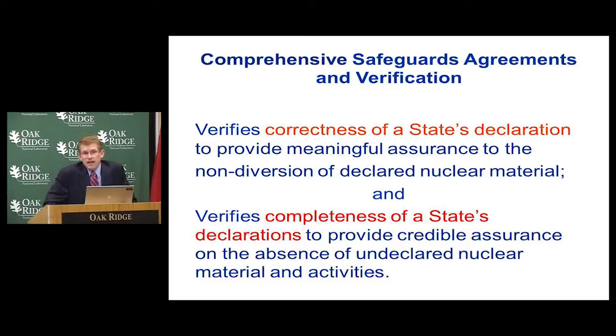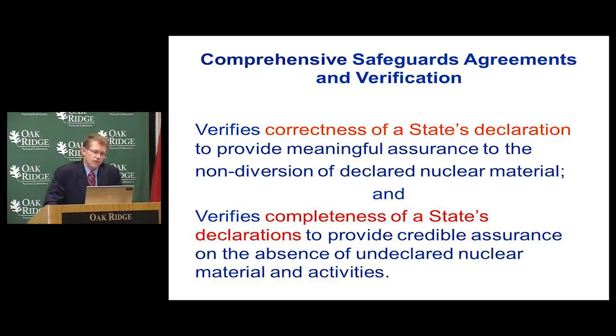So the way the IAEA enters into agreement with a country regarding specific safeguards activities in that country is in a formal, signed, comprehensive safeguards agreement that provides the responsibilities and the restrictions to both the IAEA and the member state.